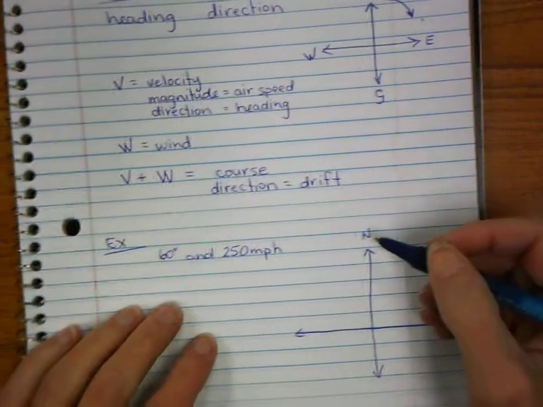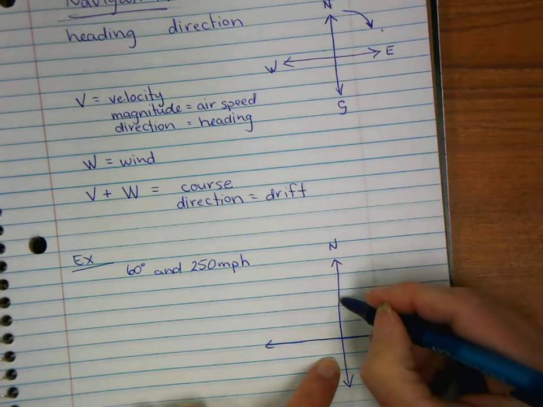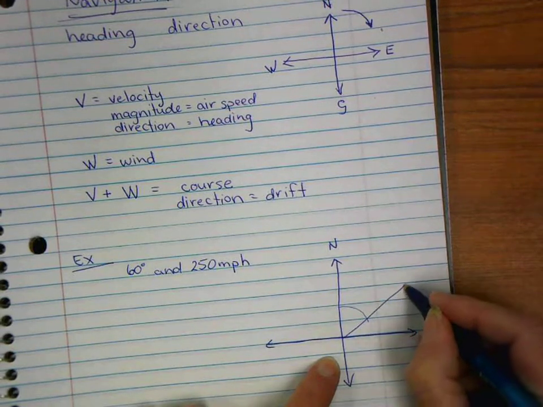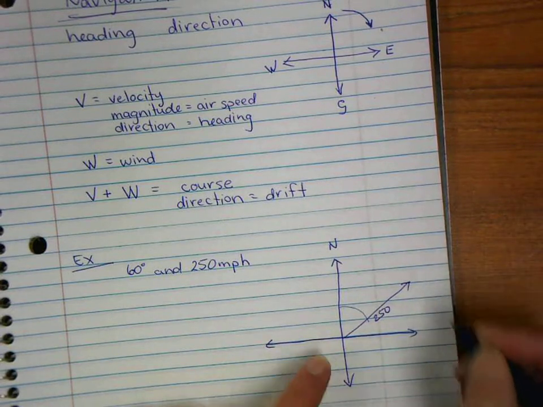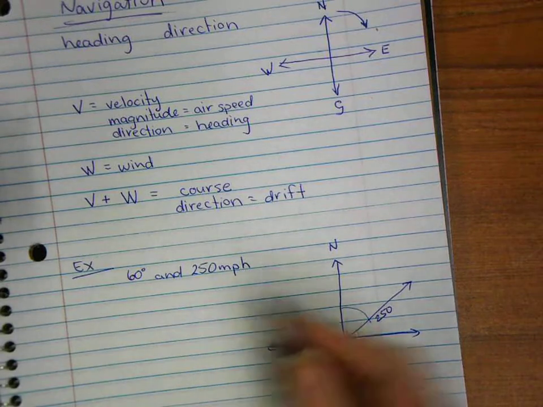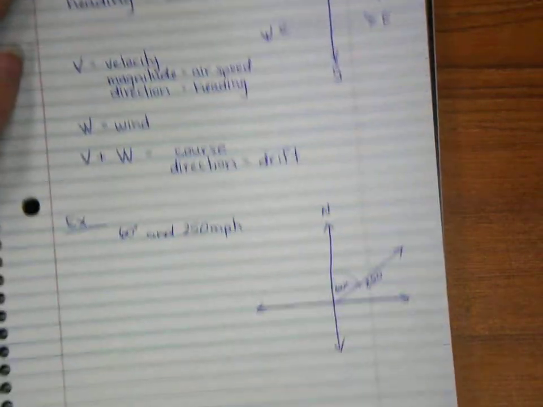Our heading is 60 degrees. So we measure from north and we're going to come down 60 degrees to a magnitude of 250. So this is a 60-degree angle right here. That's our heading.